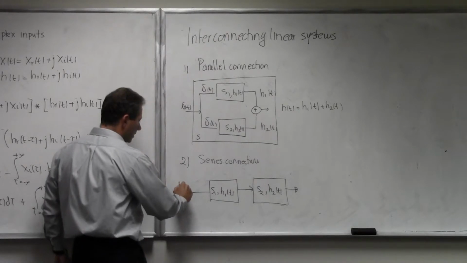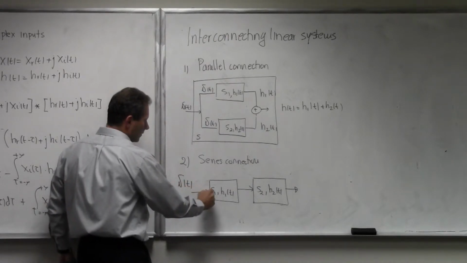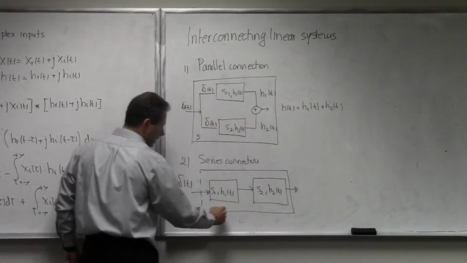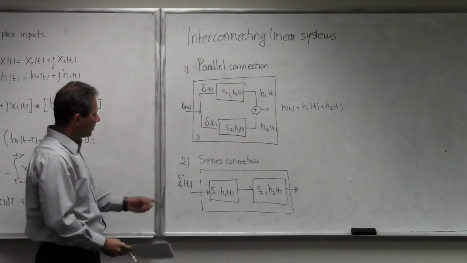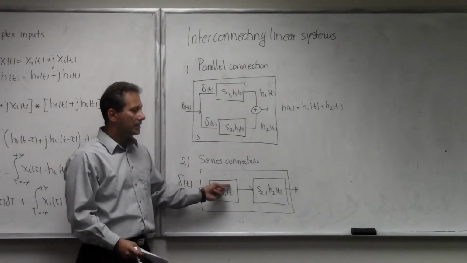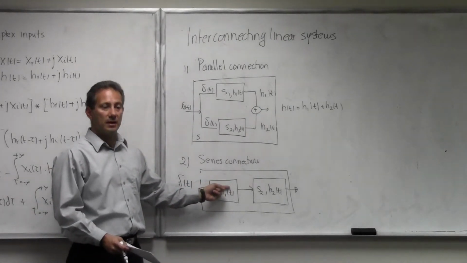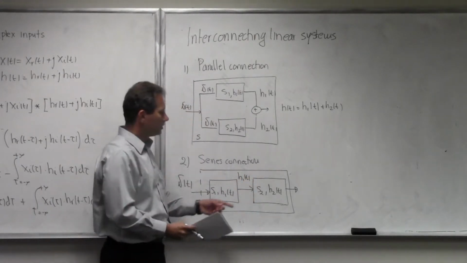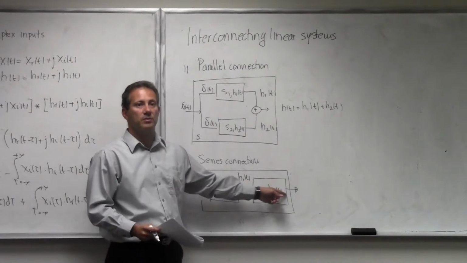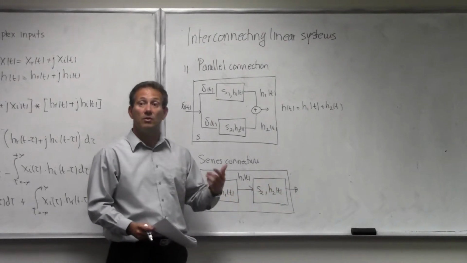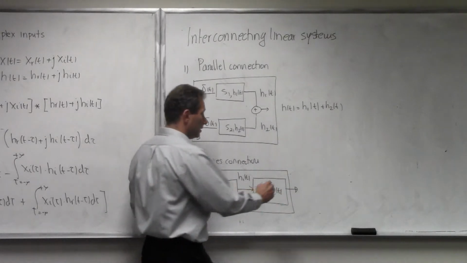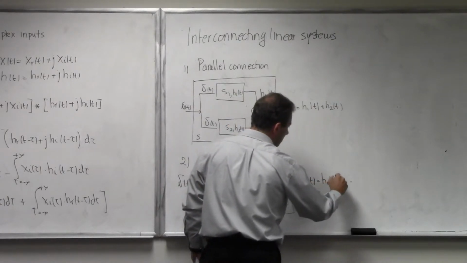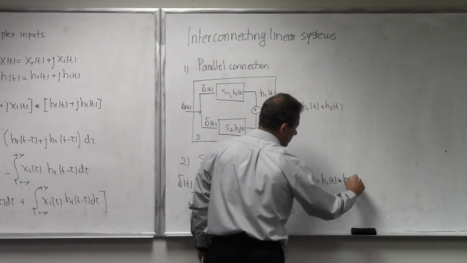Now what happens when I put the delta function at the input of this system here, which is now two of these guys connected in series? If I put the delta pulse here, what do I get at the output of the first system? I get h1 of t. Now h1 of t acts as an input into the second system. So what comes at the output? h1 of t convolved with h2 of t, right? So the overall impulse response here is going to be h1 of t convolved with h2 of t.